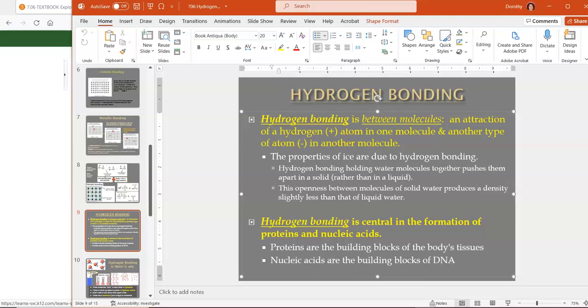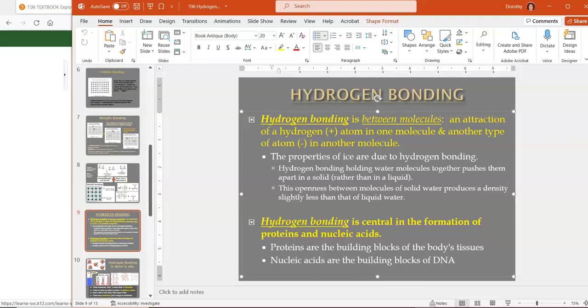Think about water. We know water has a slightly positive end with those hydrogens and a slightly negative end with the oxygens. Why? Because oxygen is an electron hog, right? So water is polar. It has a positive end and a negative end.